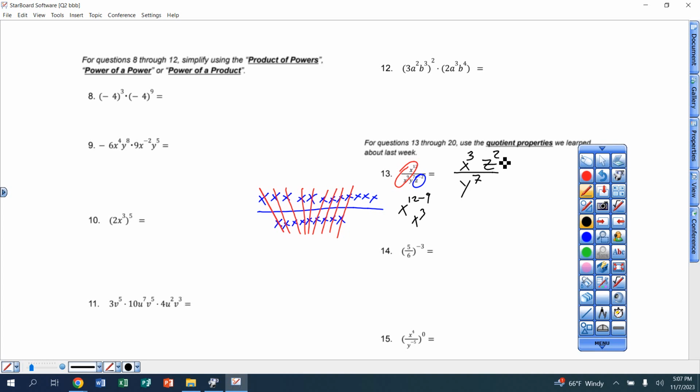So that's how that one simplifies, by subtracting 12 minus 9 with the x's to get x to the third. You can't touch the y's, because there's nothing to add or subtract with. And once you bring the z to the top, there's nothing more you could do with it.